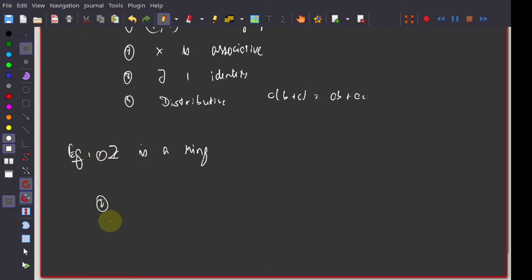But more importantly, we are interested in the polynomial ring. Given any field F, the ring of polynomials is defined as follows.